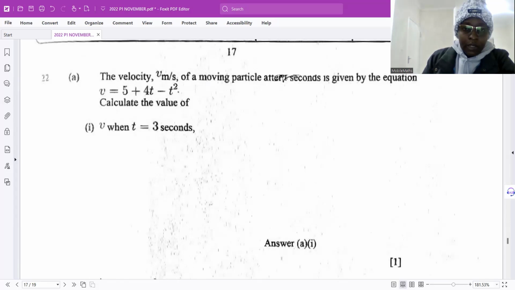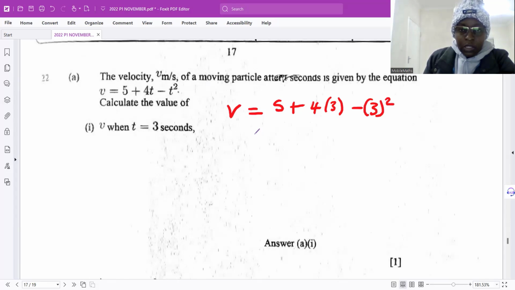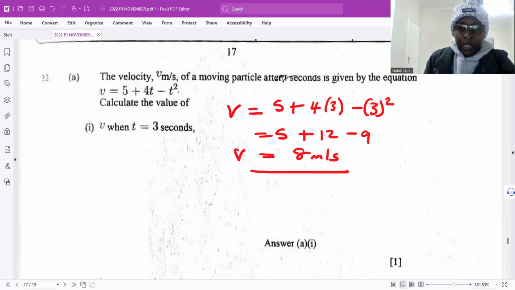So our v is equal to 5 plus 4 times 3 minus 3 squared. So this gives us 5 plus 4 times 3, that's 12, minus 3 squared, 9. This is 17 minus 9, that's 8 meters per second. So that's our v there.